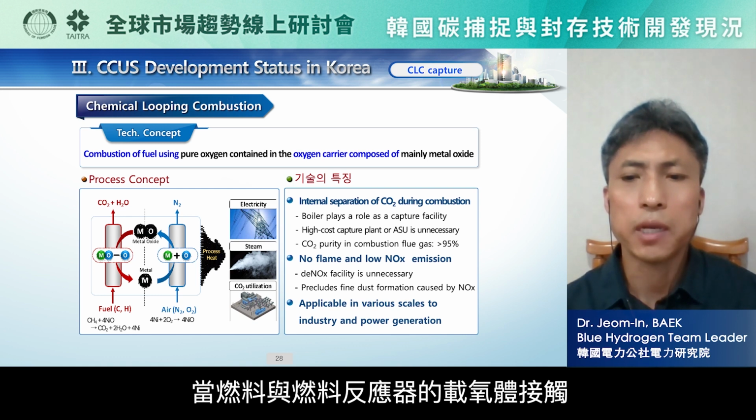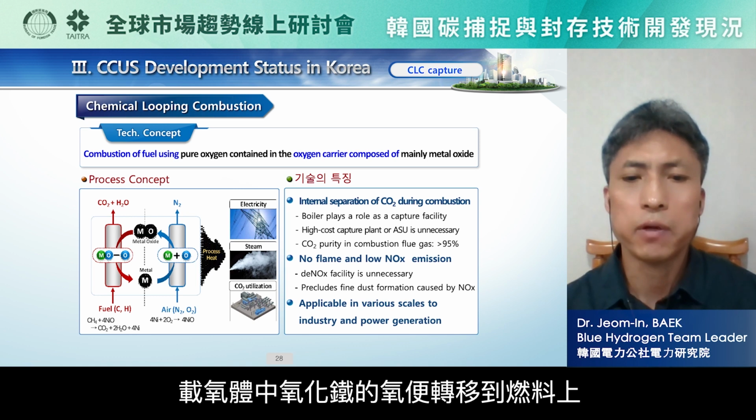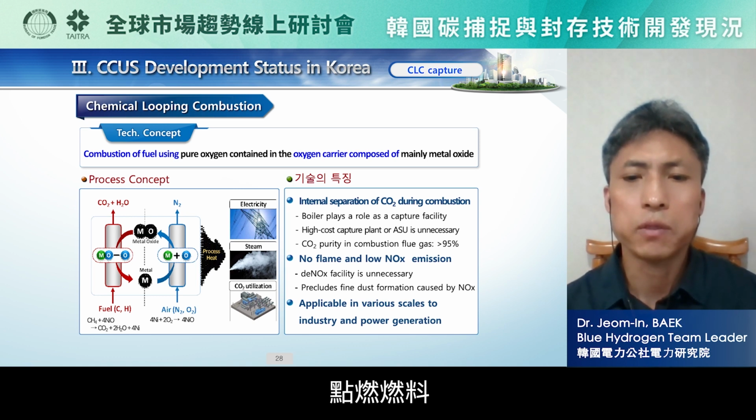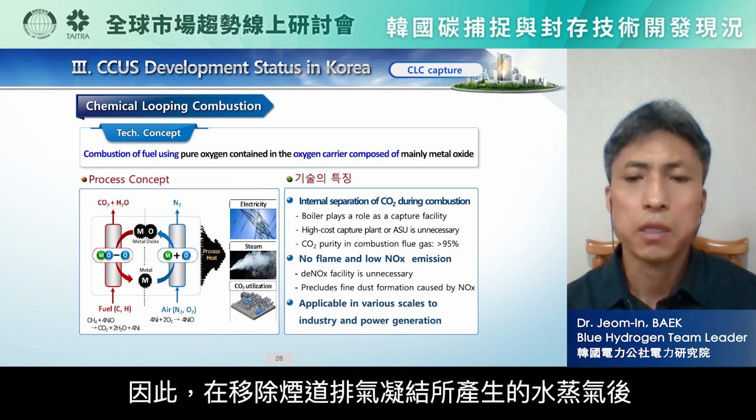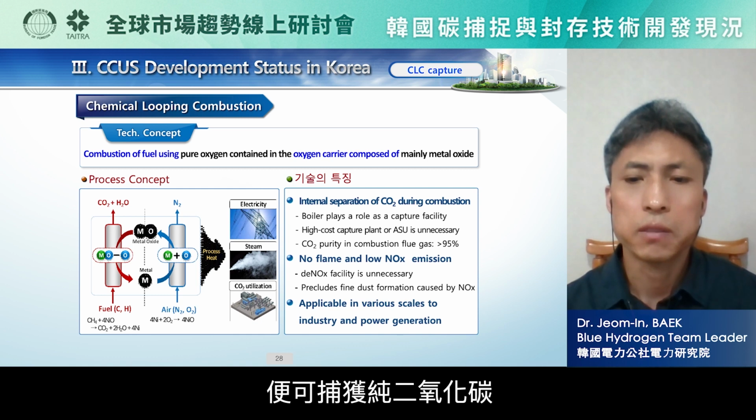When the fuel contacts with oxygen carrier in the fuel reactor, oxygen of metal oxide in the oxygen carrier is transferred to fuel, and the fuel combustion occurs. As a result of the reaction, only CO2 and water vapor are emitted. Therefore, pure CO2 can be obtained by removing water vapor after condensation of the flue gases.